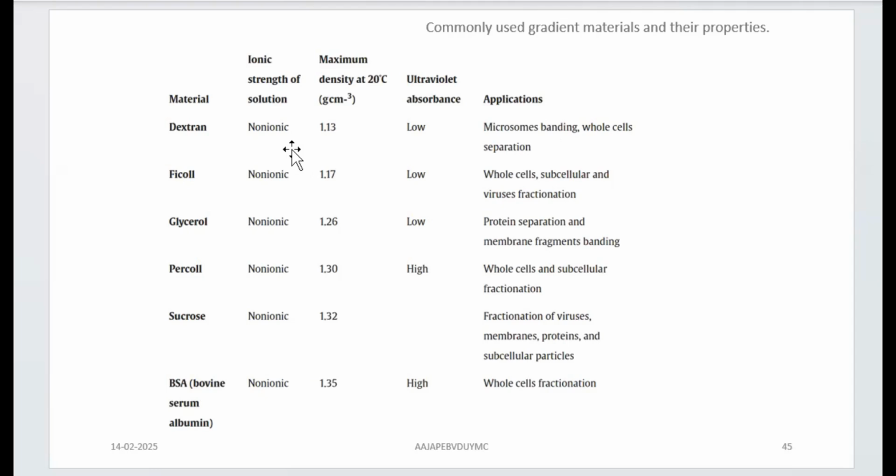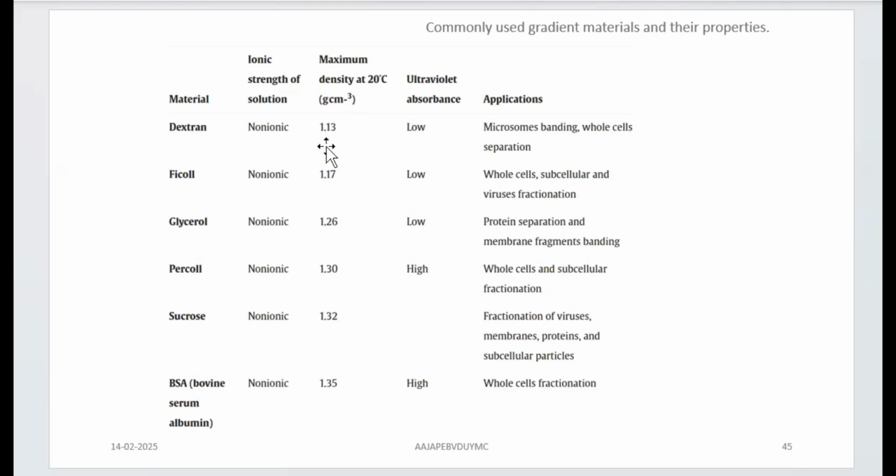These are not salts like cesium chloride, right, or KBr or NaBr, sodium bromide or potassium bromide. They are also used, but here it is not the case. They are all non-ionic, as you see in the second column. The third column says maximum density at 20 degrees Celsius. So this is the factor that tells you about the density of the particular material that you have chosen.